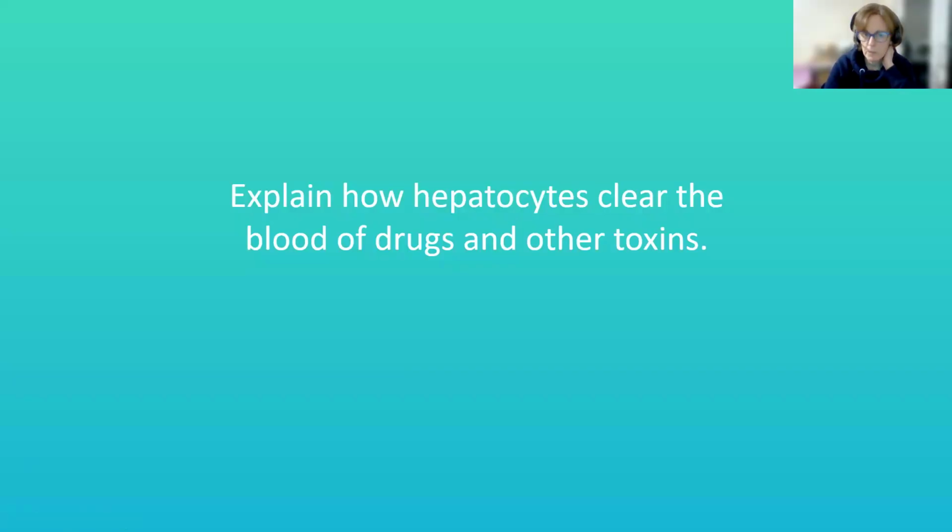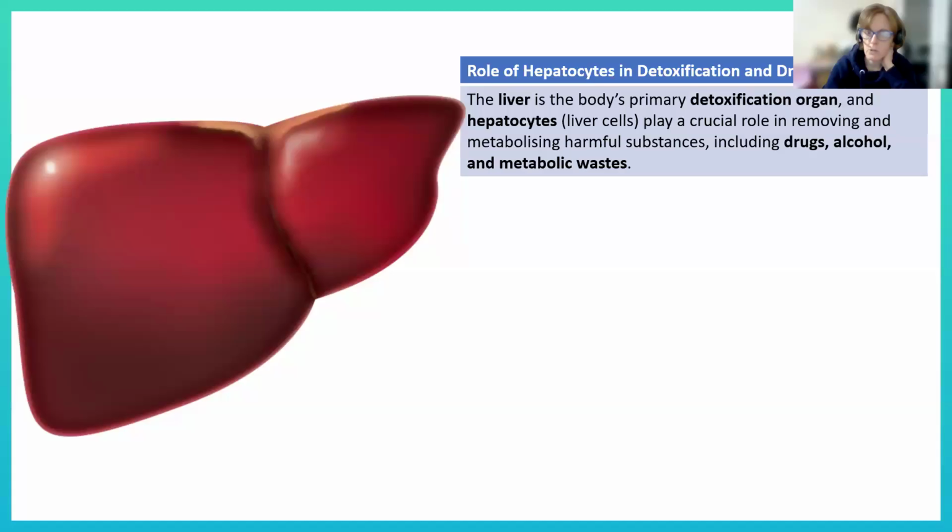So we've talked about how the hepatocytes clear the blood of drugs and other toxins. We talked about how it removes the amino group from amino acids to break down proteins, and it can recycle those last session as well. But as well as clearing up things that we make in our body, in other words metabolic waste, it does clear up stuff that we consume.